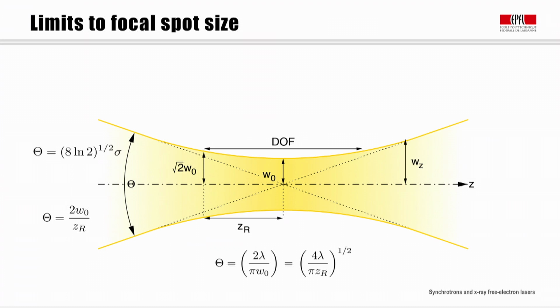A 10 times more gentle focus of theta equals 1 milliradian can only be focused to 64 nanometers minimum size, although the depth of field will increase 100-fold to 255 microns. Hence, the cost of strong demagnification is thus an accompanying rapid inverse square reduction in the depth of field.